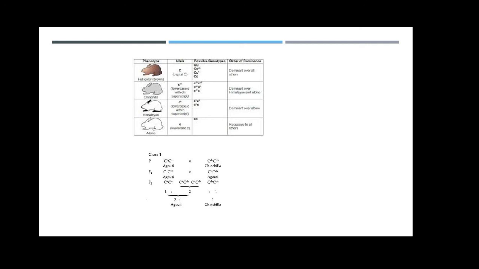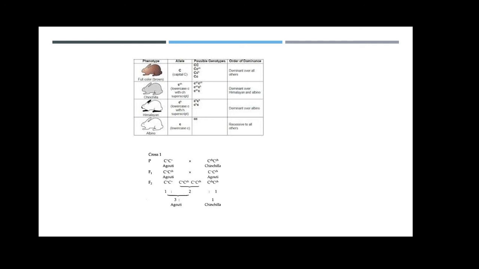And if we cross agouti and albino, we get 3 agouti and 1 albino. If we cross chinchilla and Himalayan, we get 3 chinchilla, 1 Himalayan. And if we cross chinchilla and albino, we get 3 chinchilla and 1 albino. Same for the Himalayan and albino.